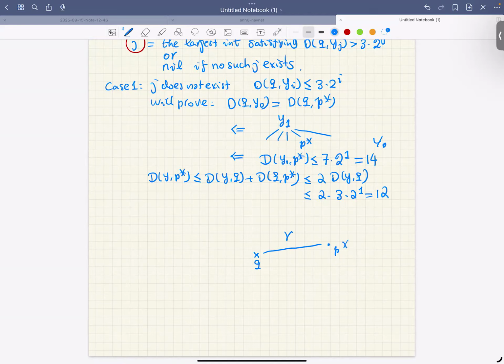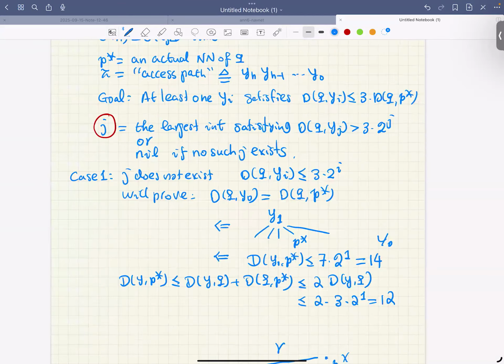When we get to a level whose distance granularity is much less than R, something's going to go wrong. Because if we have not departed from R too much, let's say we're at R or even larger than R, then at this level I expect to see another point that covers P star, and this point cannot be too far away from Q. That point to Q should be quite close, at the granularity of R. Therefore, I should not be able to see 3 times 2 to the power of j.